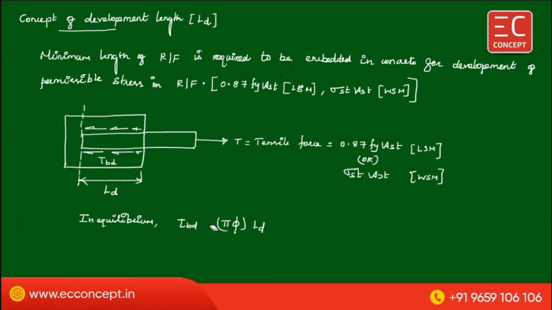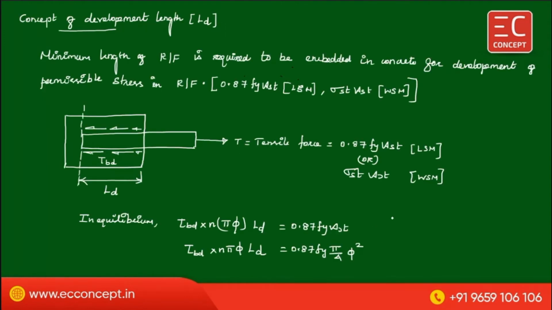So tau bd into pi d into LD is equal to 0.87 Fy Ast, where Ast is pi by 4 into d square. So this is the thing.